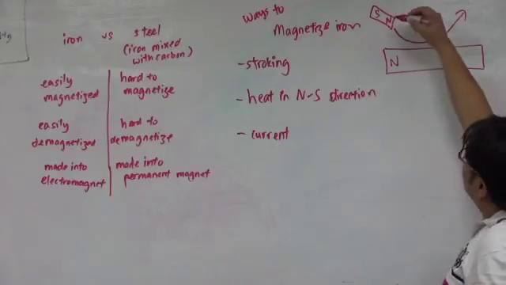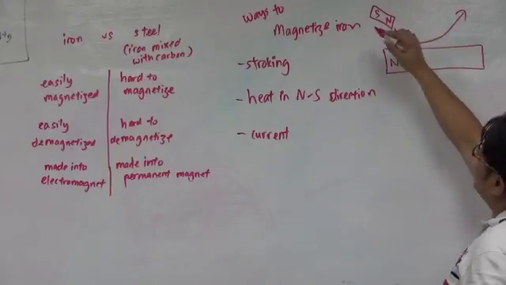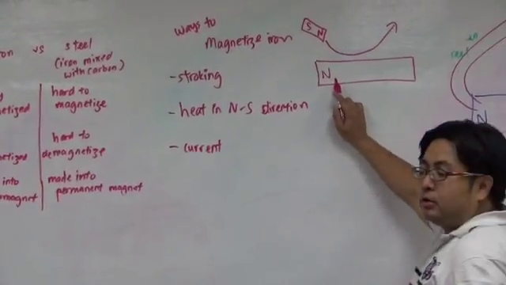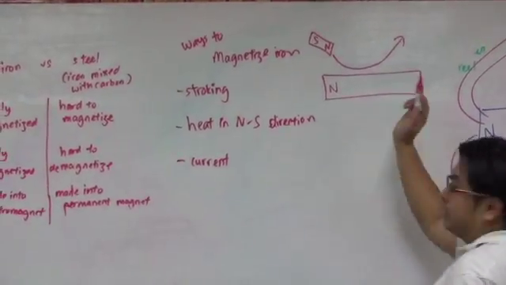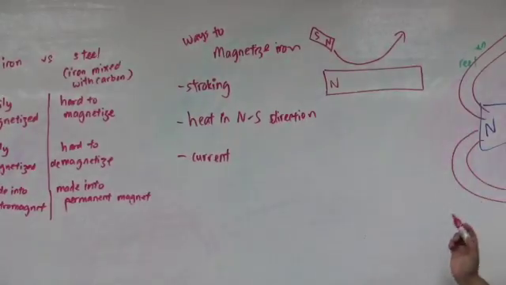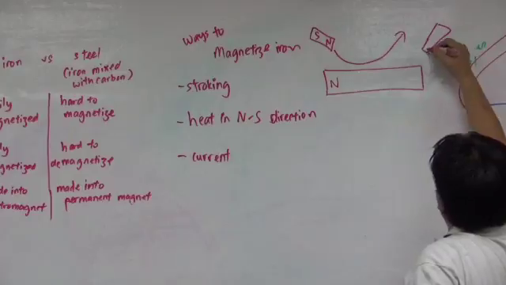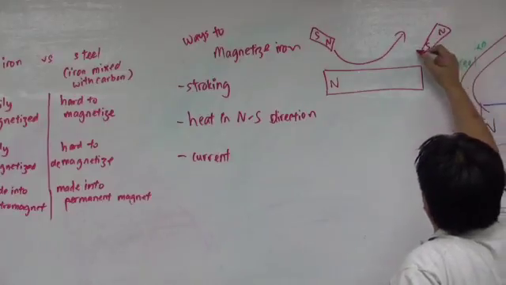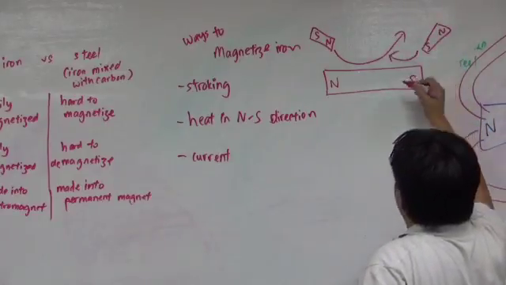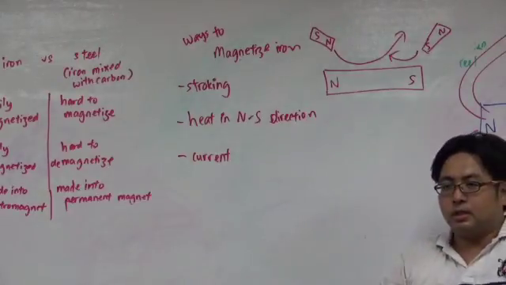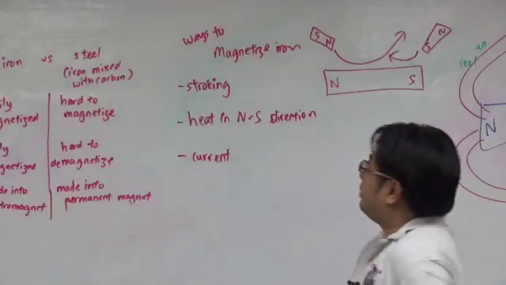I repeat, if this is a north, when you stroke it, the very surface that it touches first will become north. Listen, because this one will be tested. Sometimes they will use two magnets, north and south here, and they stroke it in this direction so that this one will become south. They do this for a few hours, and they do it for weeks.